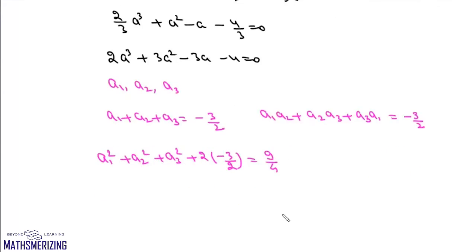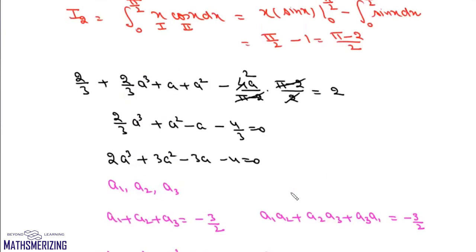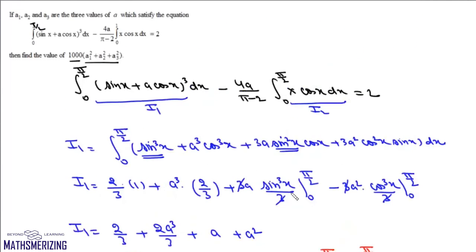So from here we can say the value of a1 square plus a2 square plus a3 square will be 9 by 4 plus 3. So it is 12 plus 9, 21. So it will be 21 by 4. Now we need to find the value of 1000 times a1 square plus a2 square plus a3 square.